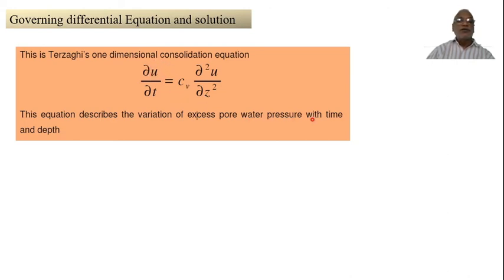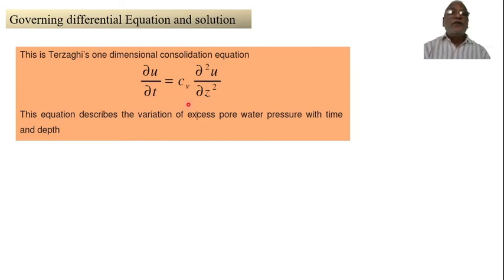With time and depth. So variation of pore water pressure with time, variation of pore water pressure with respect to z, the depth, right? And this is the coefficient of consolidation, Cv. So this equation relates pore water pressure u, the time and the depth.